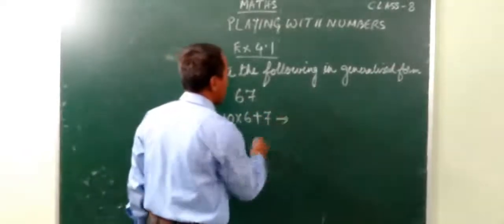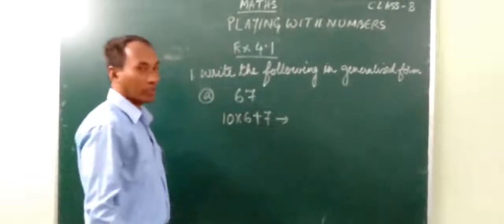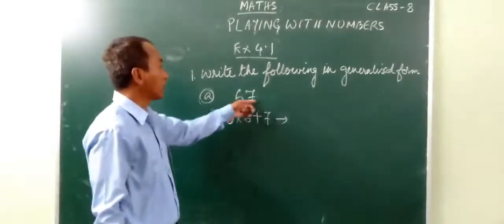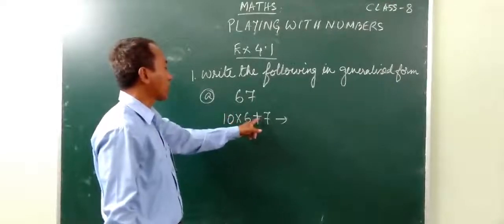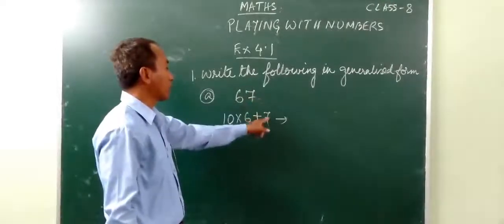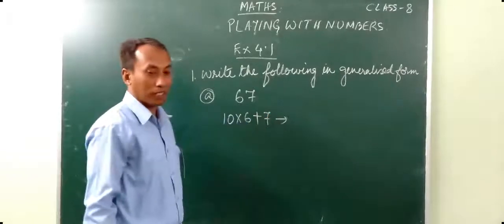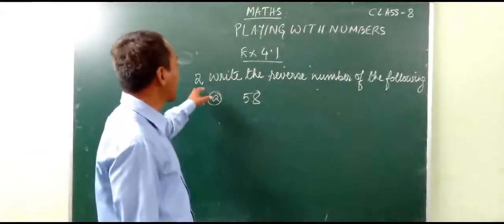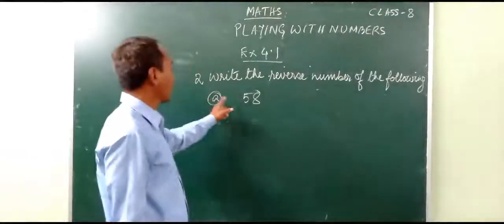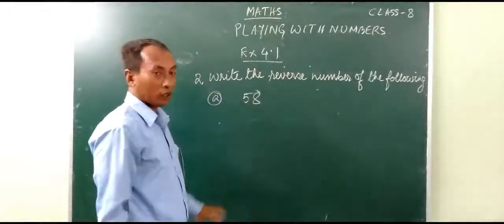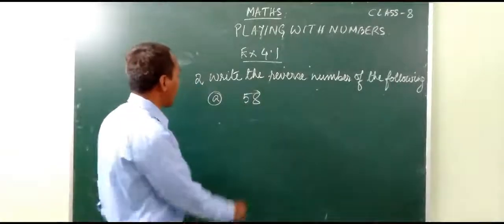This is the generalized form of writing a number. 67 you can write as 10 into 6 plus 7, that is, 7 into 1 is 7 in the unit place. In the second question, it is given: write the reverse number of the following. The question is given 58. So how will you write the reverse number of 58?